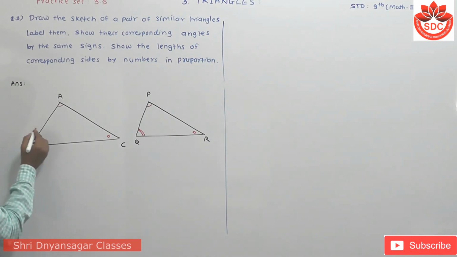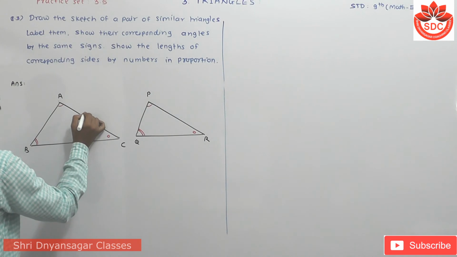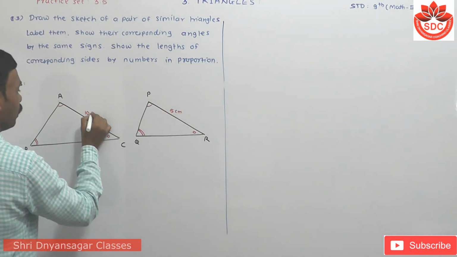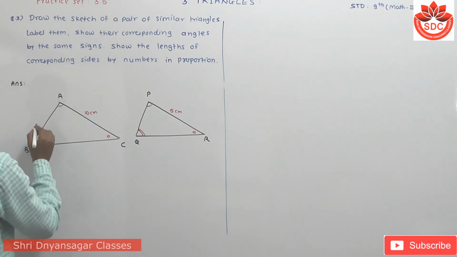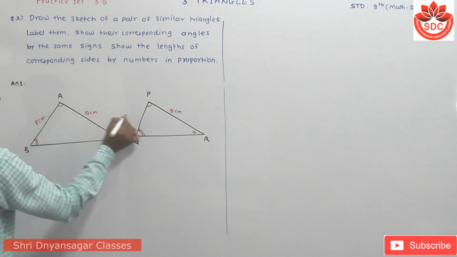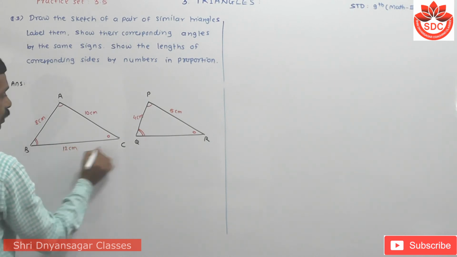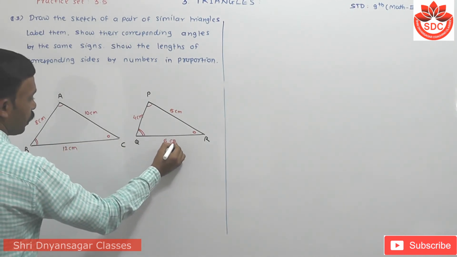Suppose here we take the sides: this is 10 centimeter, this is 5 centimeter, this is 8 centimeter, then this is 4 centimeter. Suppose this is 12 centimeter, this is 6 centimeter.